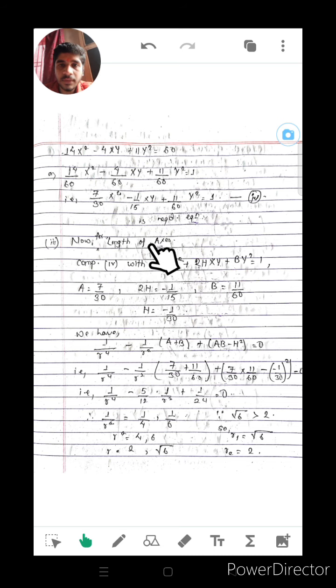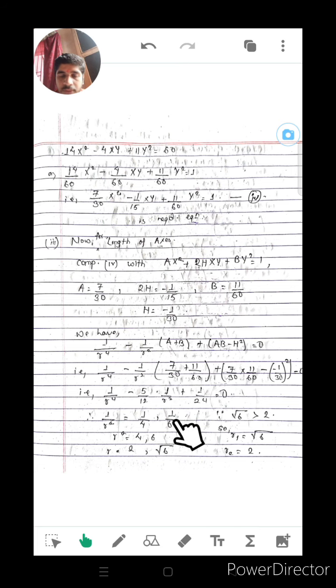we should compare this new equation as a x square plus 2 h x y plus b y square equals 1. We find the values of a, h, b, and using the formula I mentioned previously to find the length of the axes, we get two values of r squared, 4 and 6, so r is 2 and root 6.